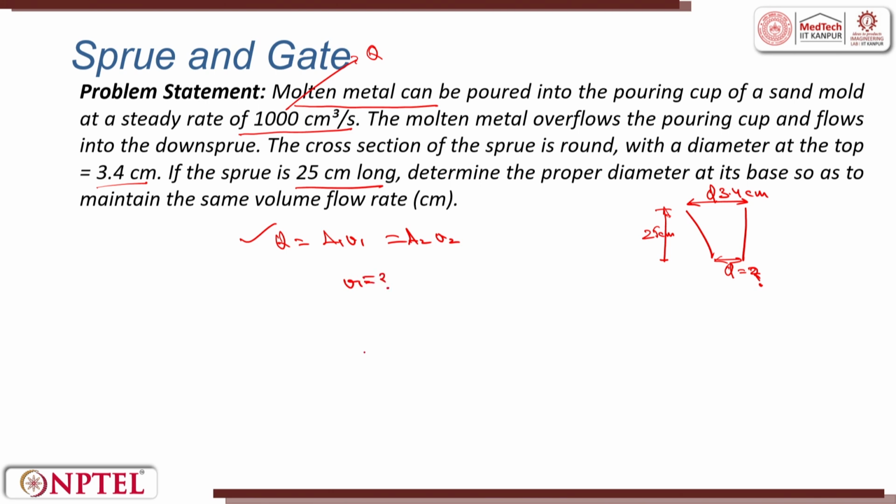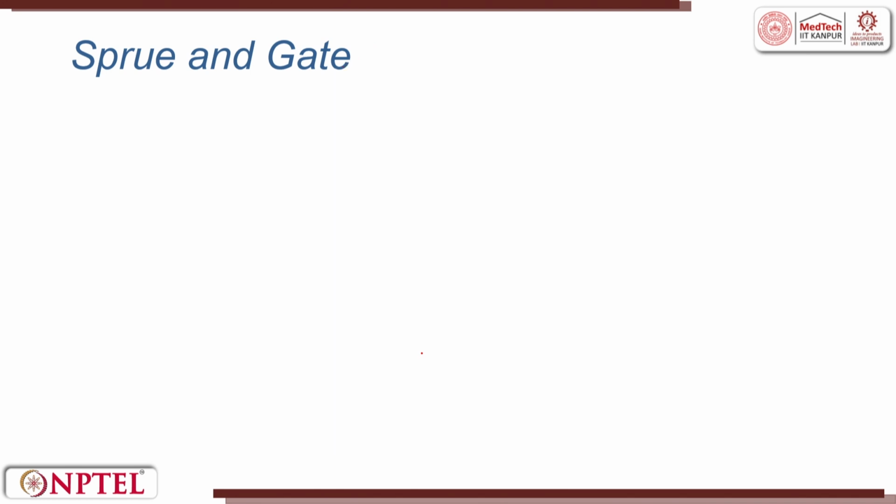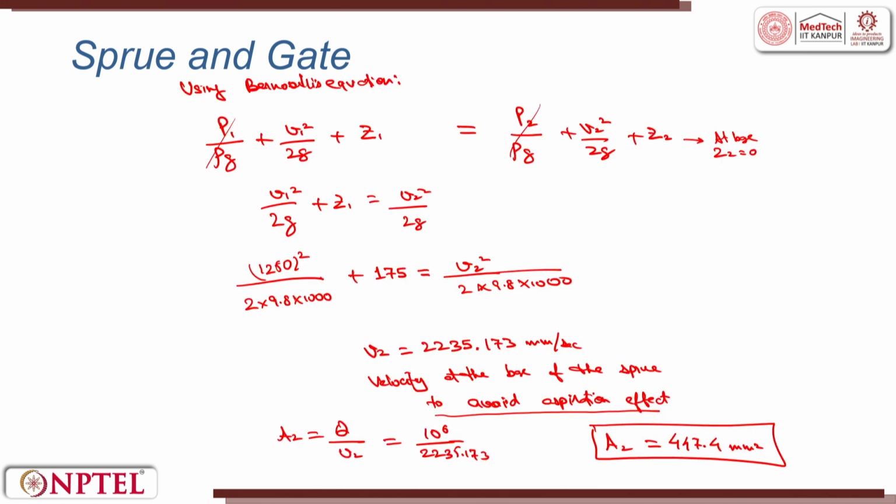Using this value of V1 now, you will use Bernoulli's equation. You will say V1 squared by 2G plus Z1 is equal to V2 squared by 2G, similar to what I did in the previous problem.